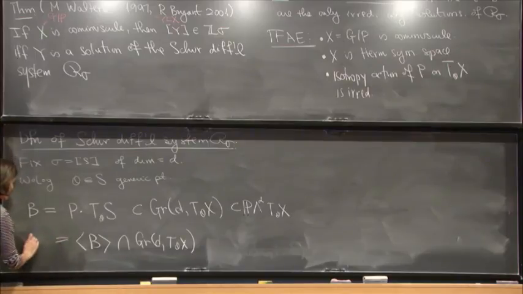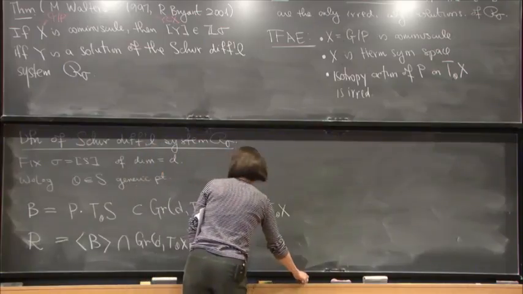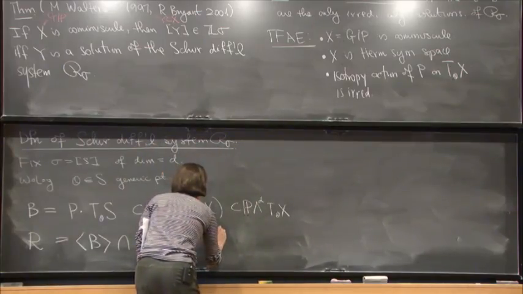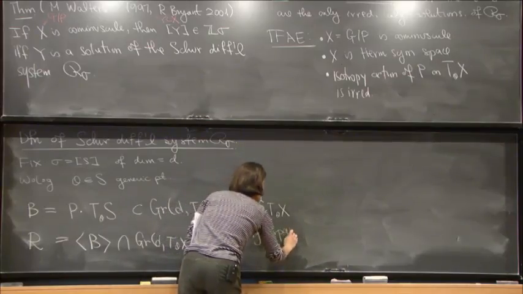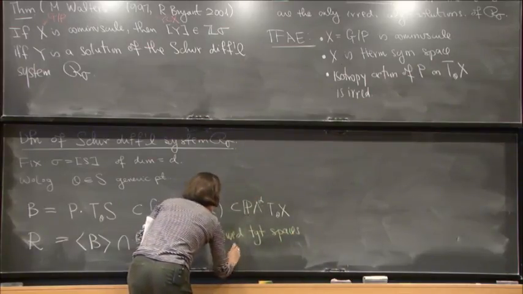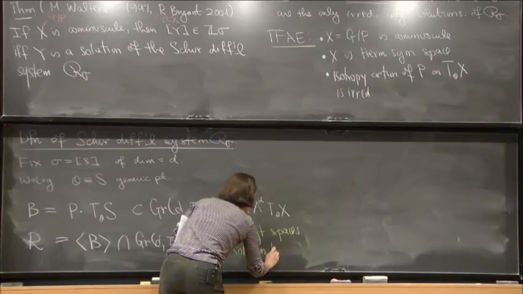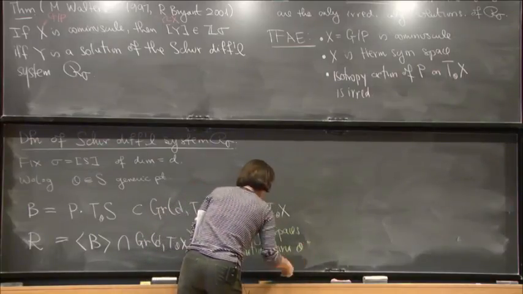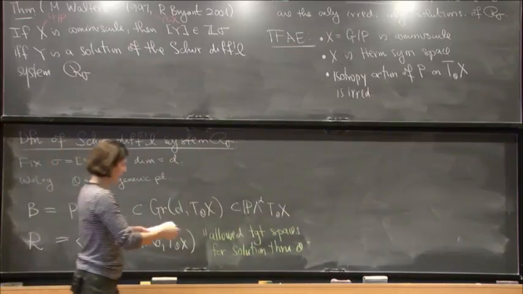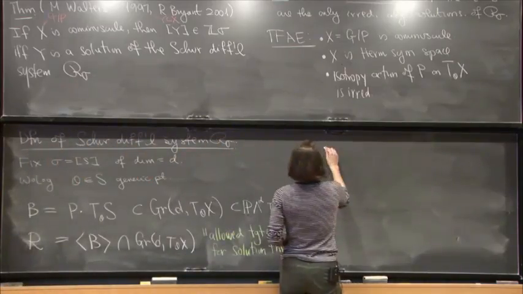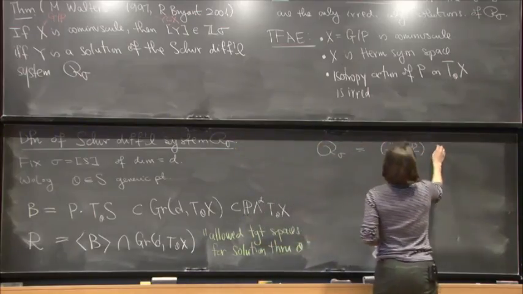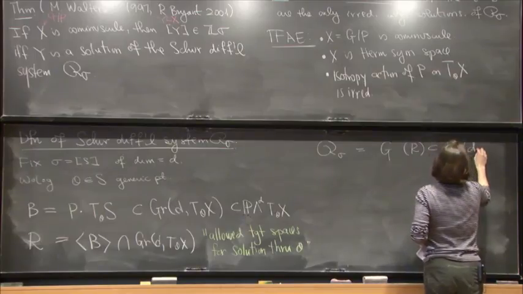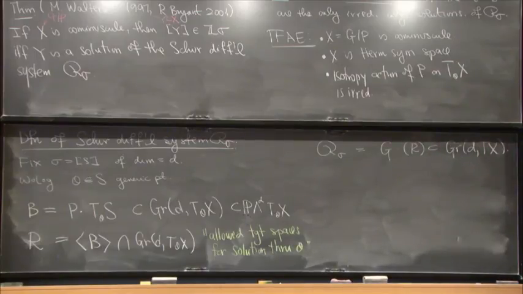So this will be a subvariety R, and these you can think of as the allowed tangent spaces for a solution passing through O. Then to get the full system, we just knock it around by the group action. So R sigma will be G applied to R, which now sits inside the Grassmann bundle on the tangent bundle.